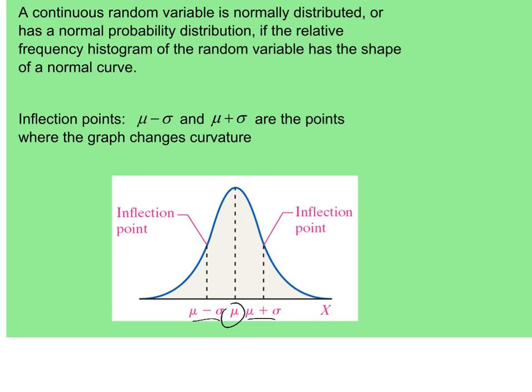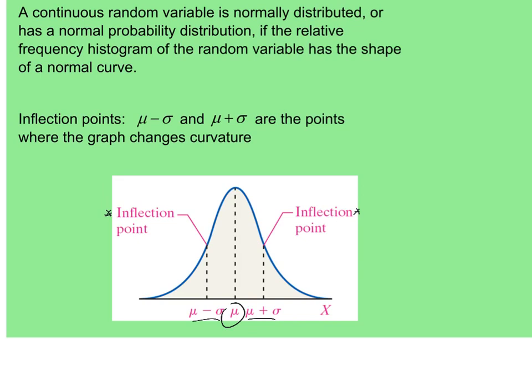But if you want to draw it really precisely and accurately, where do I put that plus sigma and that minus sigma? How far away do those get drawn from the center? Well, there's this term in math called an inflection point. If you've taken calculus yet, I know many of you haven't, but maybe a couple of you have, that term should be familiar.